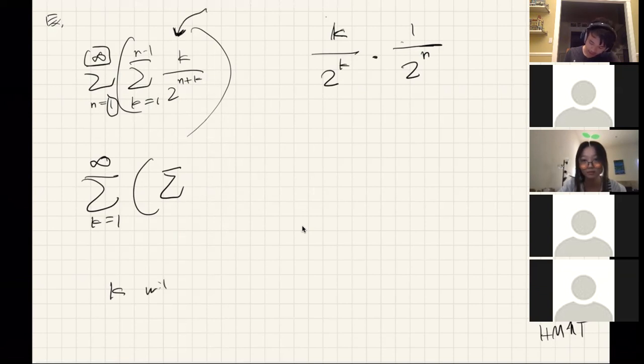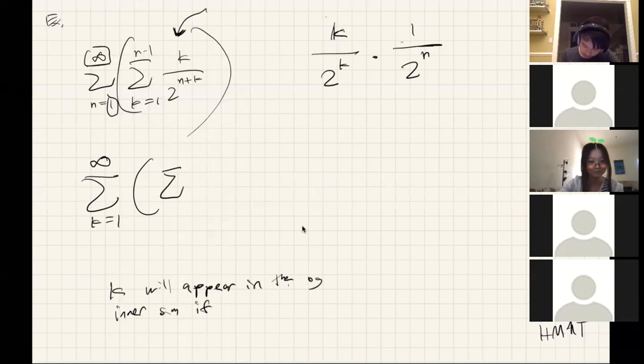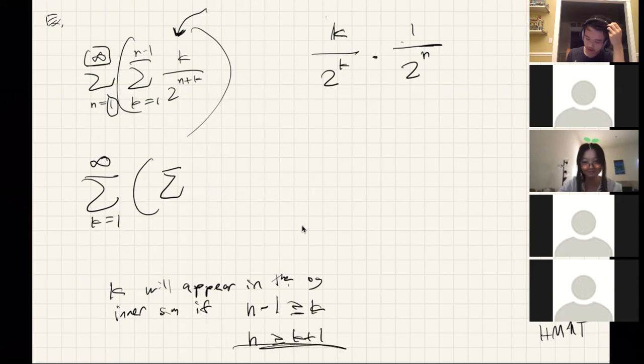So k will appear in the original nested inner sum if n minus 1, right, is greater than or equal to k. So if n is greater than or equal to k plus 1. So that's the condition.